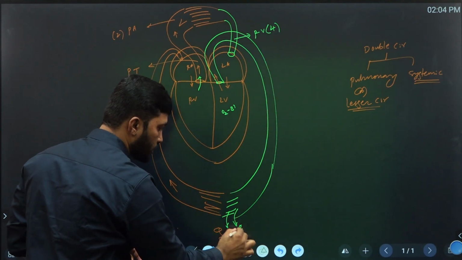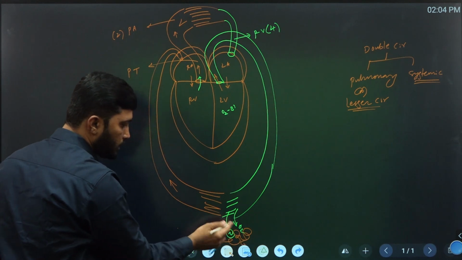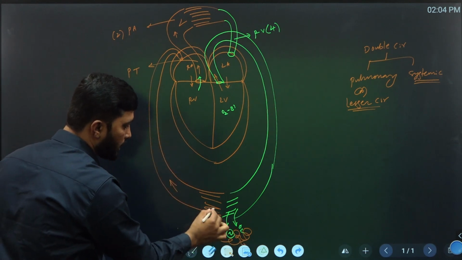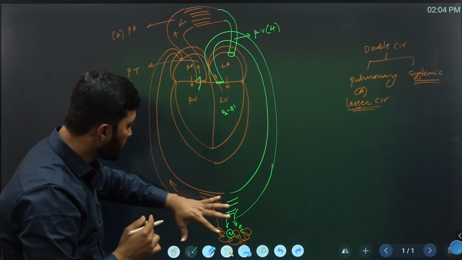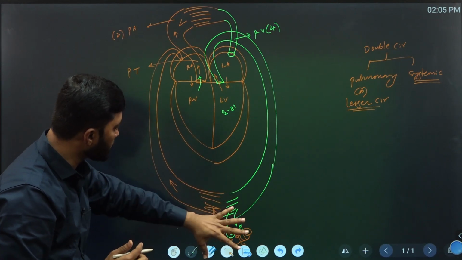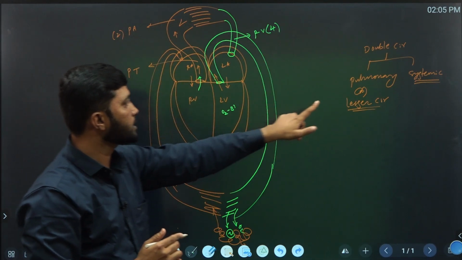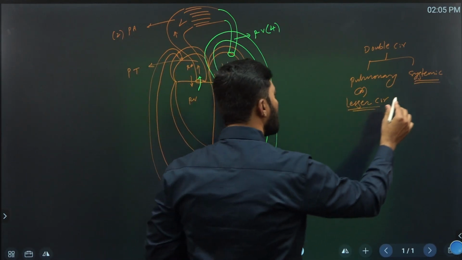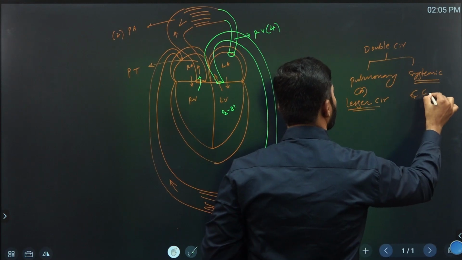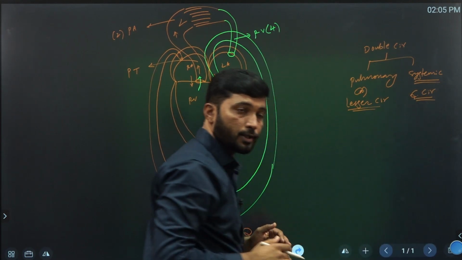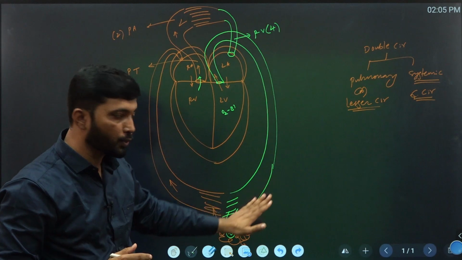Then it collects carbon dioxide and other wastes from the tissues and carries them to the right atrium. Systemic circulation is also called greater circulation, because it travels a long distance in the body.